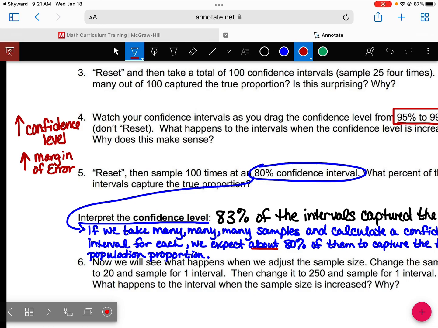I'm going to leave it at a 95% confidence interval. I'm going to take my sample size down to 20, and hit sample. Look at that confidence interval on yours. And now I want you to set the sample size to 250 and hit sample again.